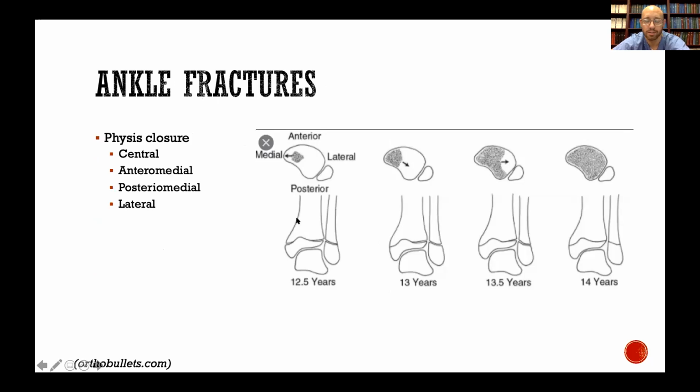Another example of unique physis closure is in the elbow, and if you remember, the mnemonic CRITOE is a way to remember how the distal humerus physes appear.